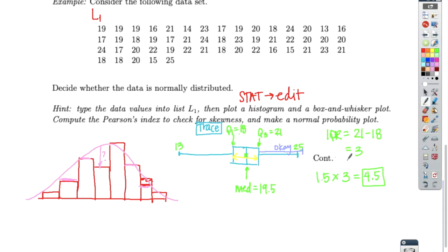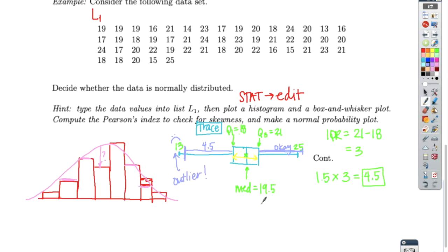Now, 21 plus 4.5 is 25.5, so that's why I made it go just a smidge past this 25. Everything on this side of the box and whisker plot is fine because it's all within 4.5 of this Q3. Now over here, 4.5 brings us to this value, 13.5, which tells me 13 is outside that range, which makes 13 an outlier.